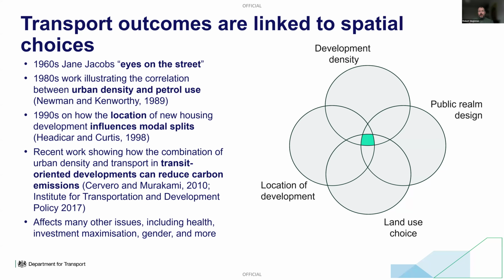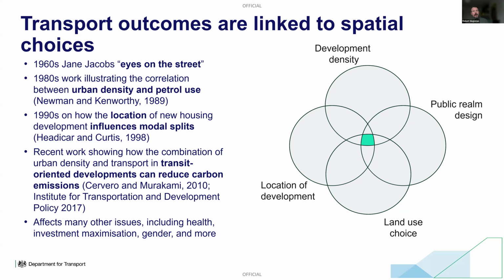So what we definitely know, and I think what is self-evident in terms of the spatial and transport planning systems, is that transport outcomes are intrinsically linked to spatial choices. If you put something in the middle of nowhere with no option on how you might travel, then you're always going to build in some level of dependency on one mode or the other.